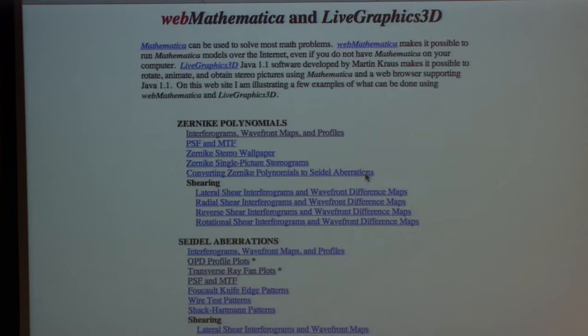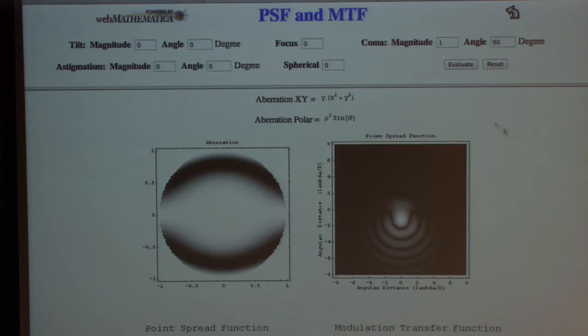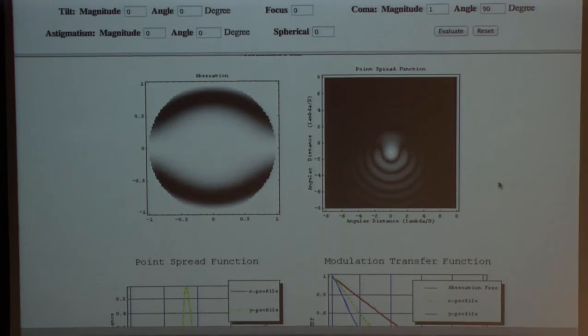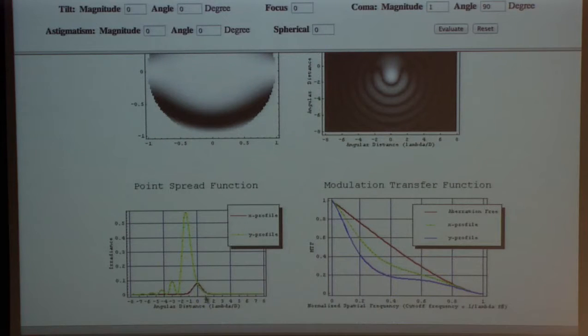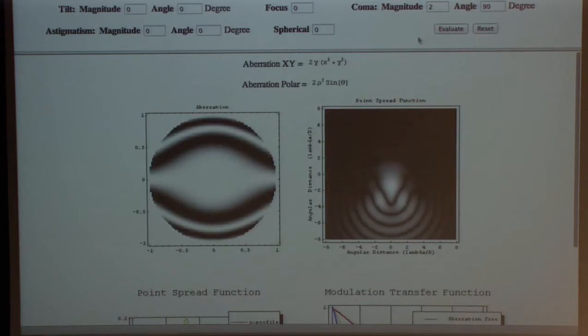Okay, so let's go back here to the website. I think it's going to come up showing coma. So this is one wave of coma. That's what the pattern looks like. It's not rotationally symmetric, which we certainly see down here. And in fact, the image is shifted a little bit here. Let me put in a couple waves of coma. And you see what the wavefront looks like here.